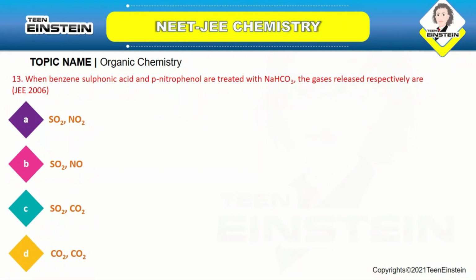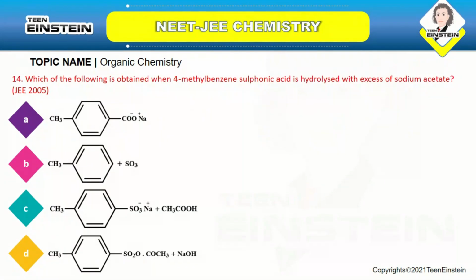First we write down the chemical equation for both the reactions. The balanced chemical equation for the reaction of benzene sulfonic acid with sodium bicarbonate.